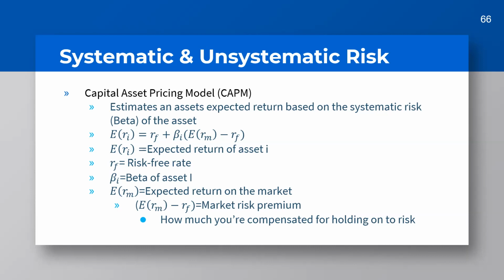There's no risk in it. People prefer cash in hand. So in order to entice investors to hold on to risky securities, there's got to be some sort of market risk premium for holding on to that risk. And that's basically what we're dealing with, the market risk premium.